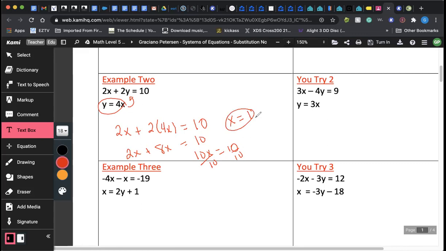Now that I have my answer for one variable, I will very easily be able to find my answer for the other variable. I can plug this one into either one of these other two equations. Obviously, it's going to be easier to just plug it into this one. And I have y equals 4 times 1, which is just going to give me 4.